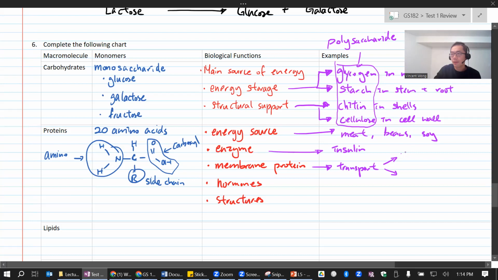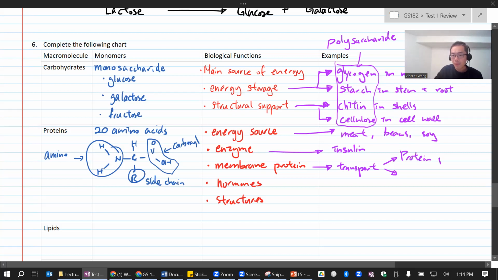Maybe like water dissolving through the cell membrane? Not dissolving, passing through. Yeah, that would be osmosis though, right? But good try, good try.